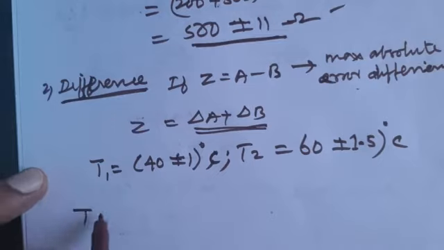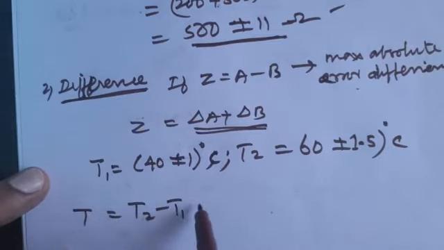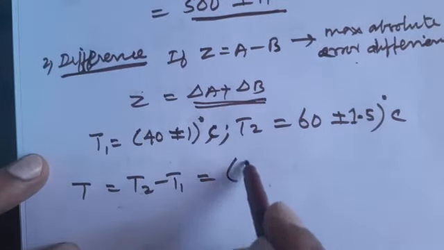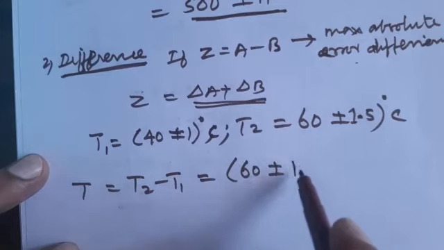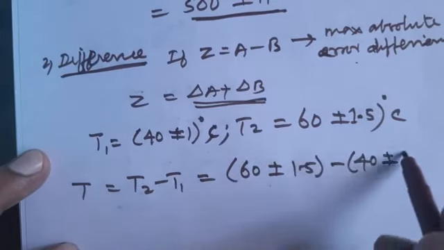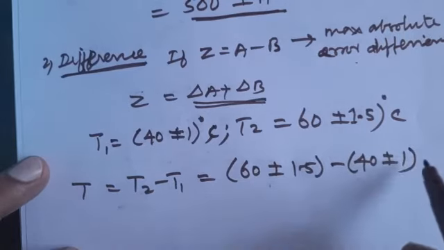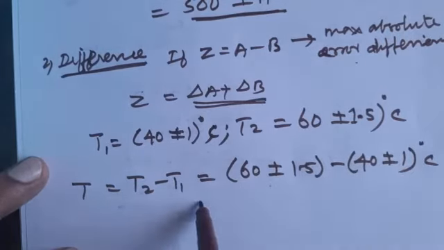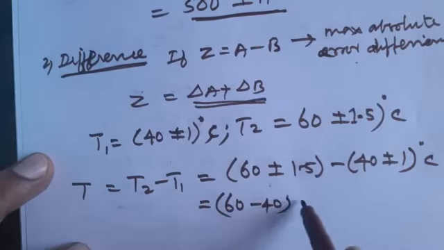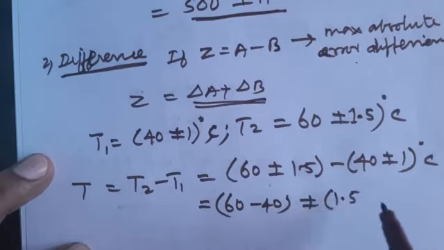T equal to T2 minus T1, which is equal to 60 plus or minus 1.5 minus 40 plus or minus 1 degree C, which is 60 minus 40, and then plus or minus 1.5 plus 1.